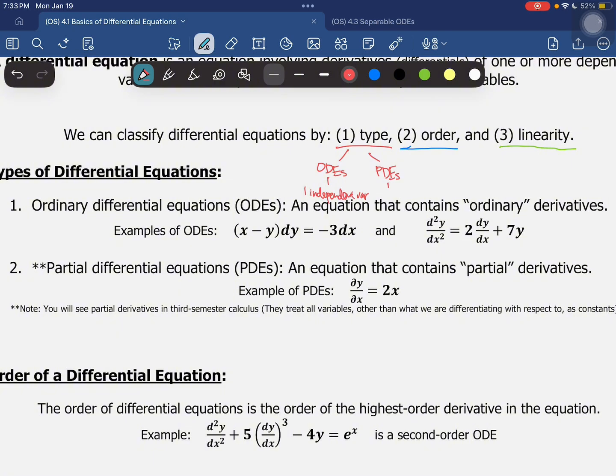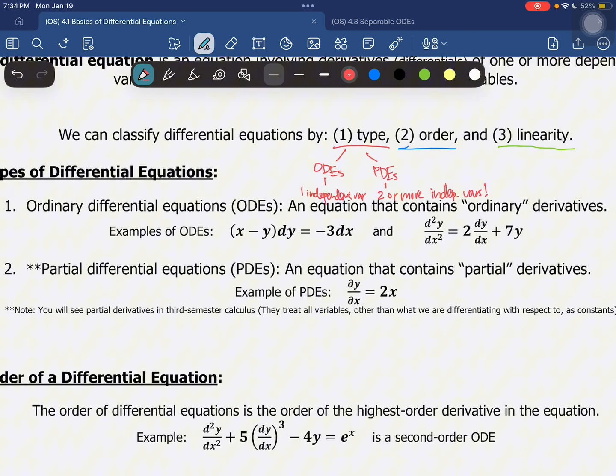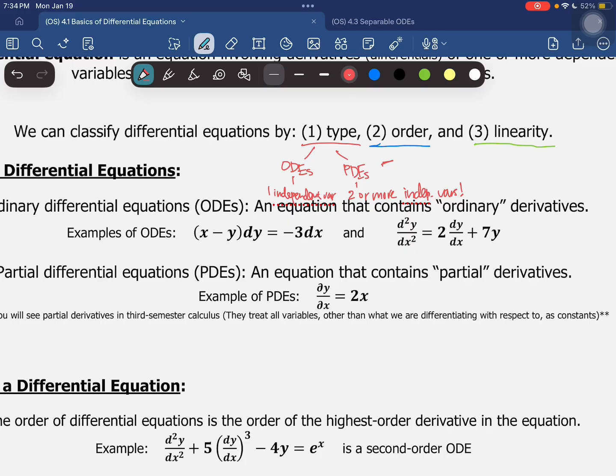But partial differential equations deal with two or more independent variables, and you will be seeing PDEs in Calc 3, if you go on and take that class.